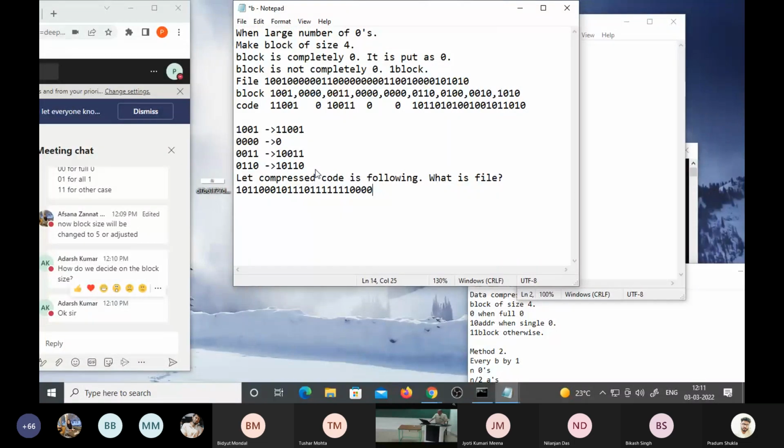Tell me what is the file. The compressed code is the following. Tell me what is the file. Type it.